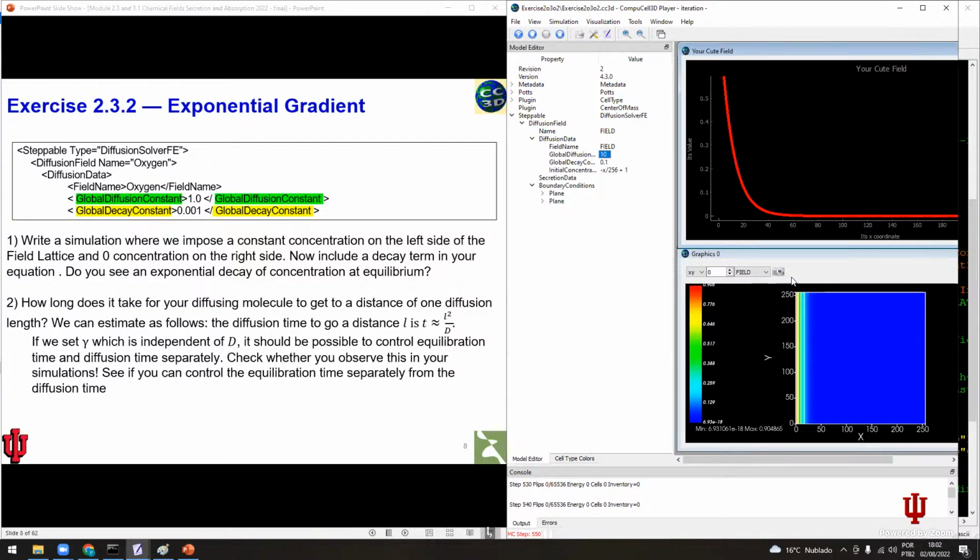If we don't change the time scale, like let's say we considered one Monte Carlo step as 1 minute, then if we don't change that, the decay constant wouldn't be changed, right?